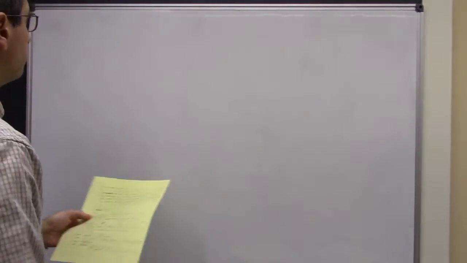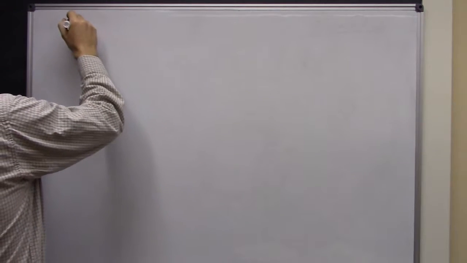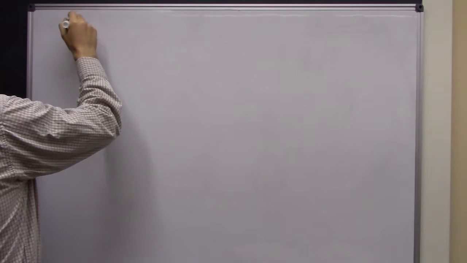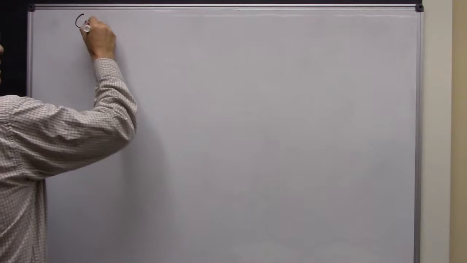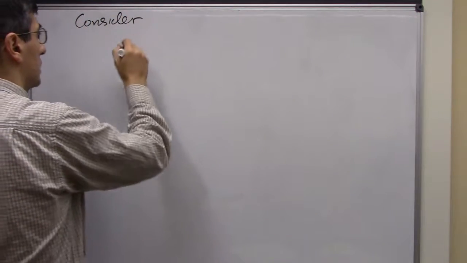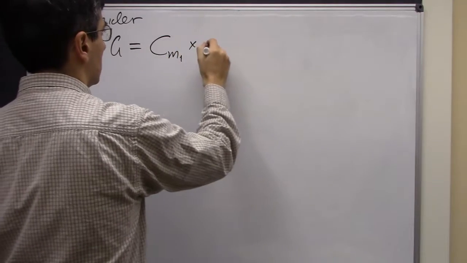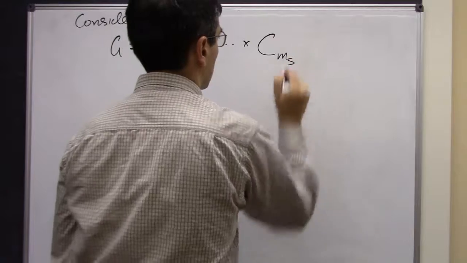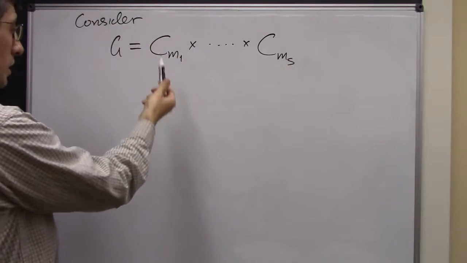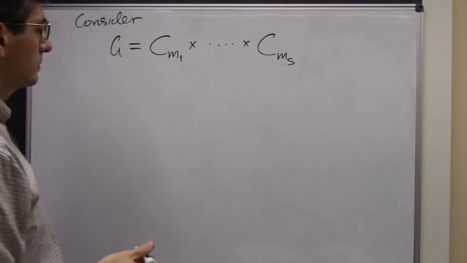So suppose we're given some integers, consider the following group. Consider G, which is a direct product of s cyclic groups, and the order of each cyclic group is m_i.